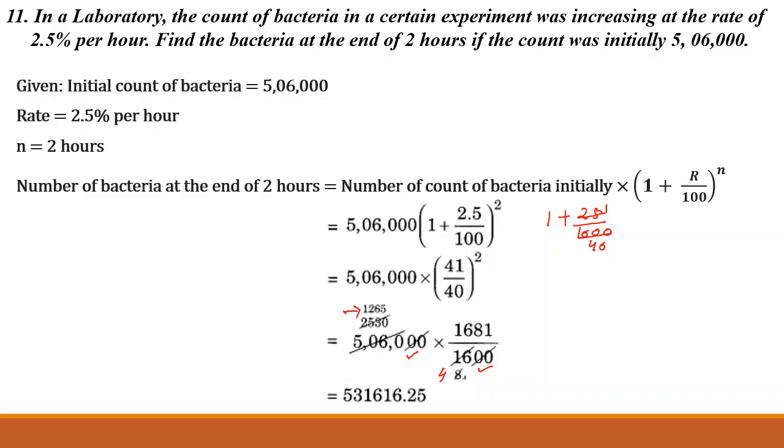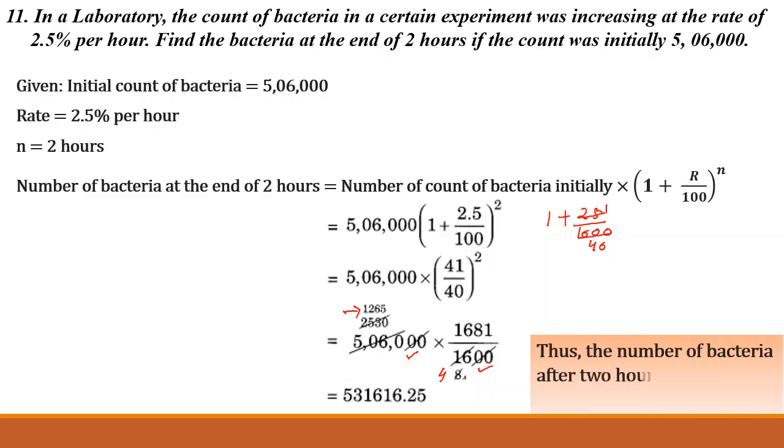When we round it off, it becomes 5,31,616. So the number of bacteria after 2 hours will be this much when you round it off, and that is why we always write approximately, because the exact answer is something else.